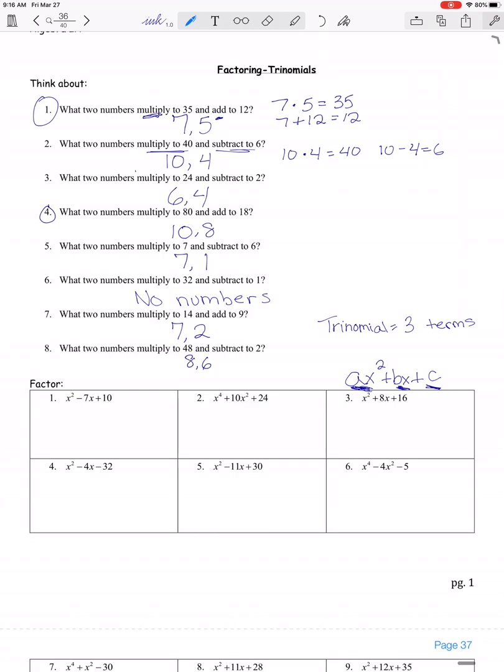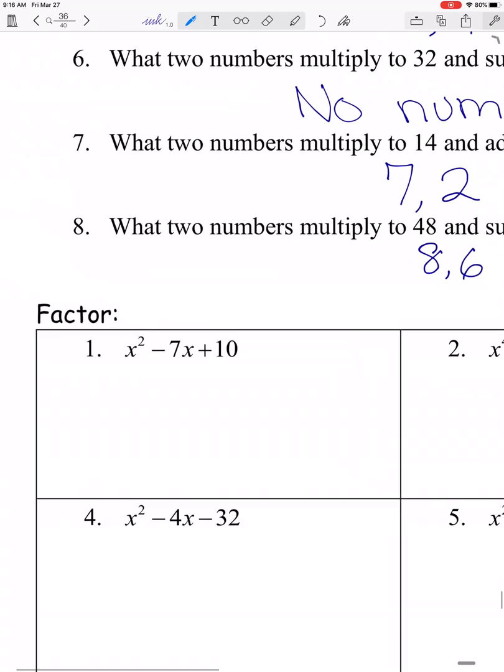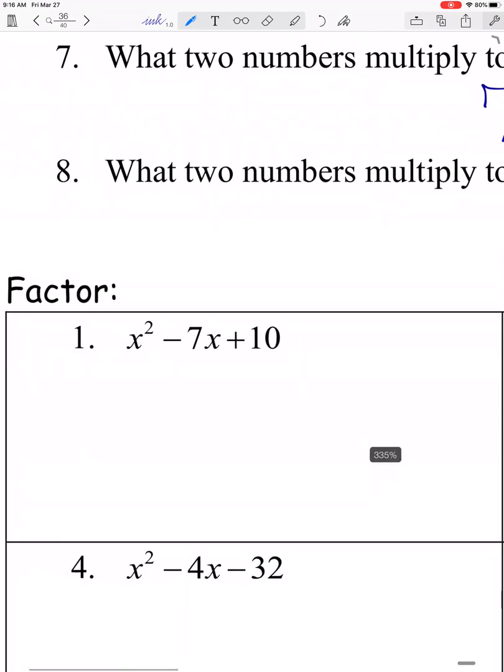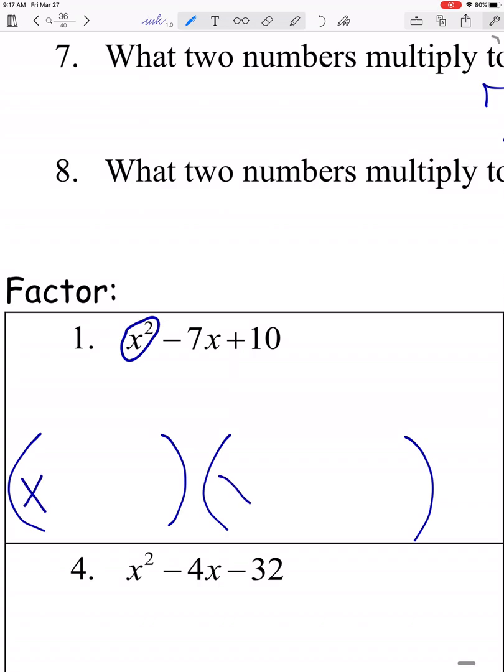Okay, so let's look at how we're going to do this. Number 1 says factor x squared minus 7x plus 10. The first thing we're going to do when we factor trinomials is a double bubble. If we have an x to the second in the front, we are just going to have x and x.